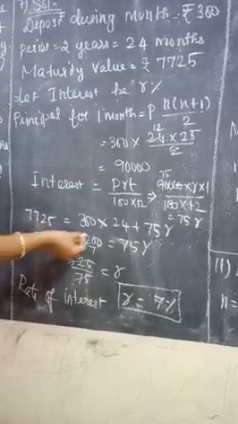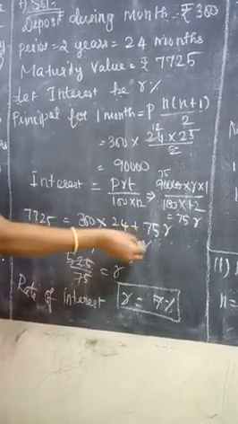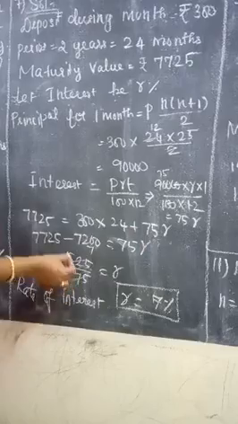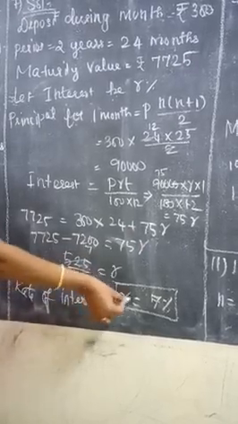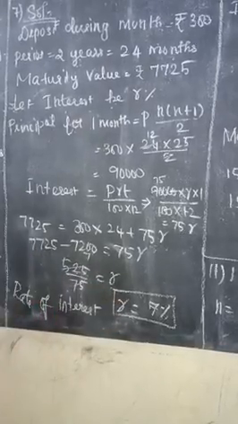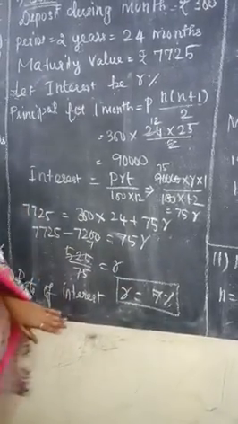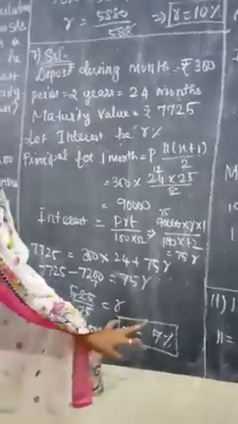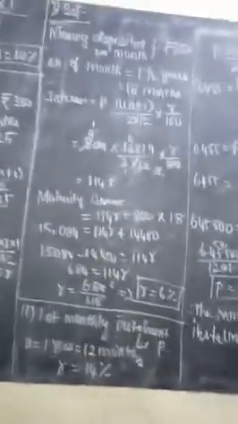So 7,725 minus 7,200 equals 75 R. So cancel it. You will be getting 7. So 525 divided by 75 equals 7%. So the percentage is 7. Up to this the sum is over.